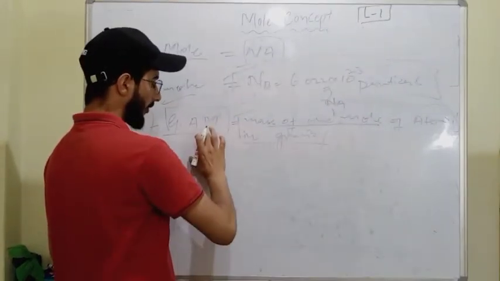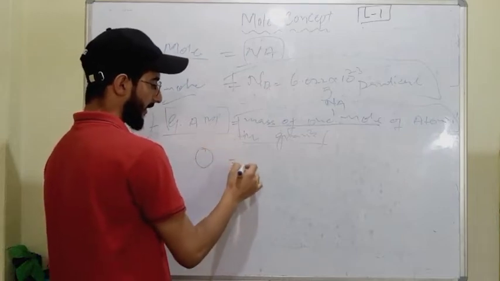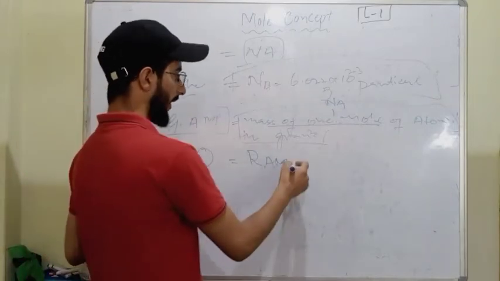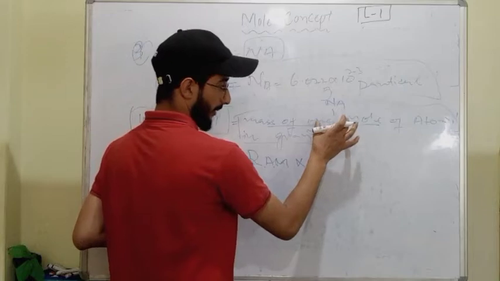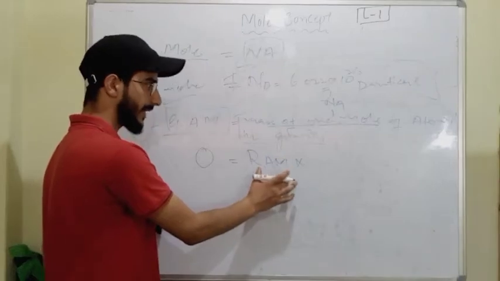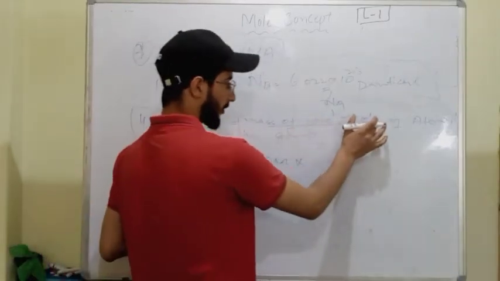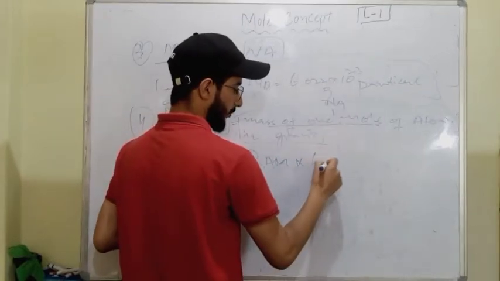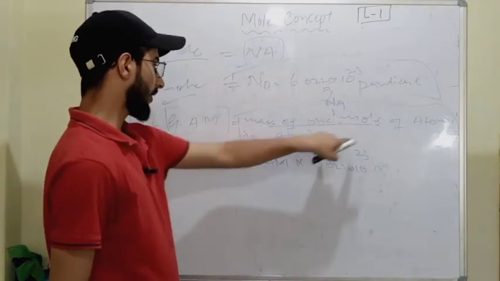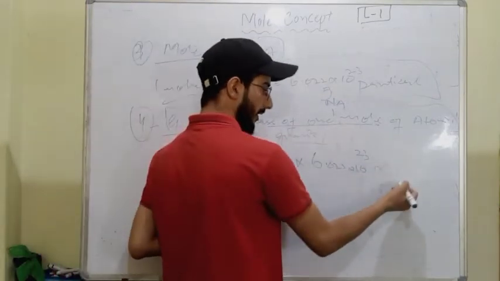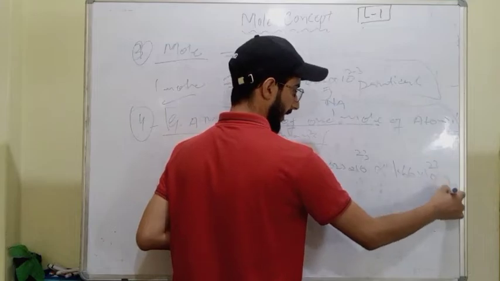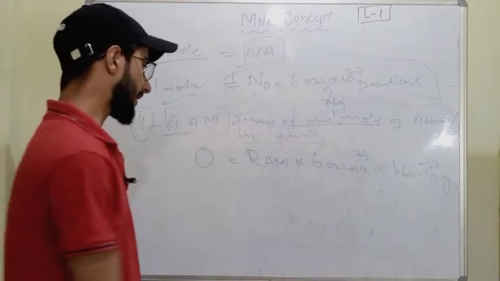I know the number of nucleons, which I will write as RAM, relative atomic mass, into the number of moles. 1 mole is equal to 6.022 into 10 raised to the power 23, and in grams I multiply it with 1.66 into 10 raised to the power minus 23 grams.